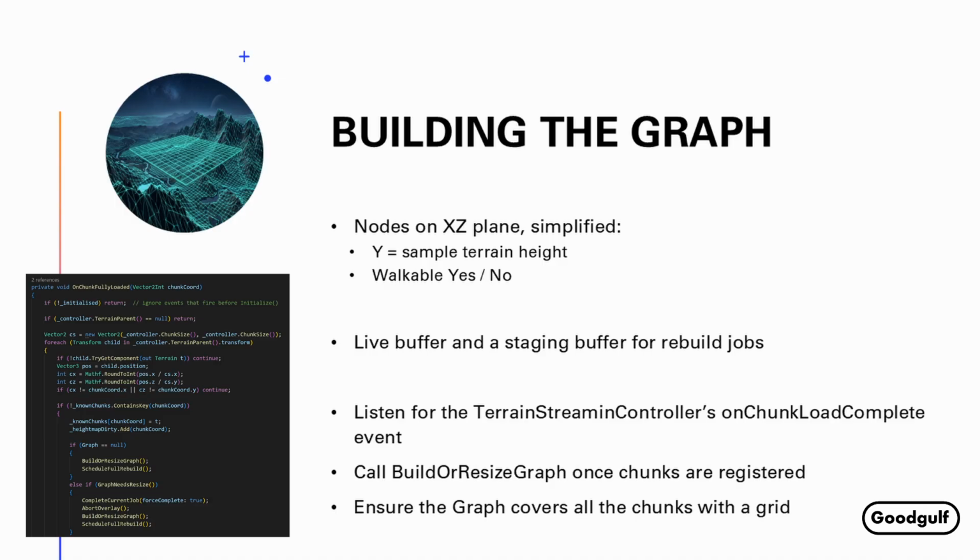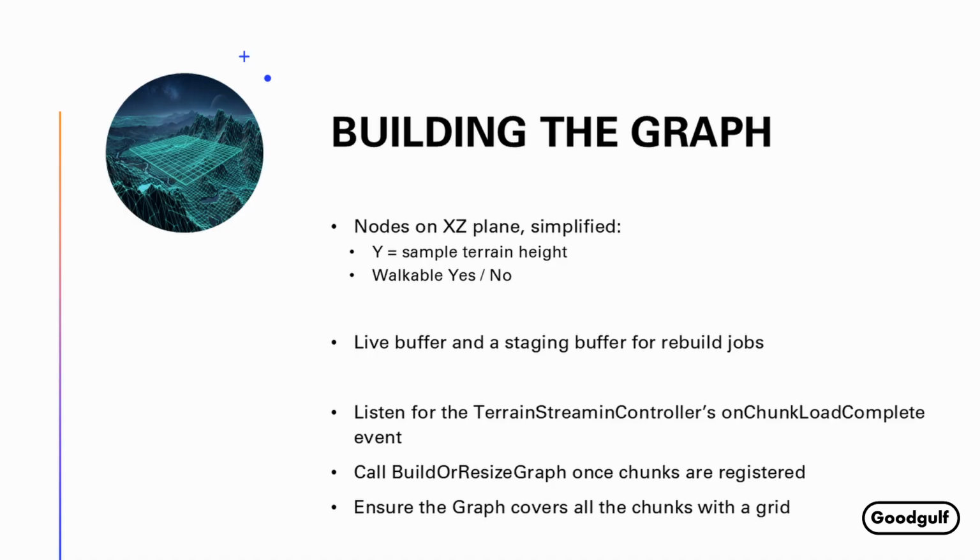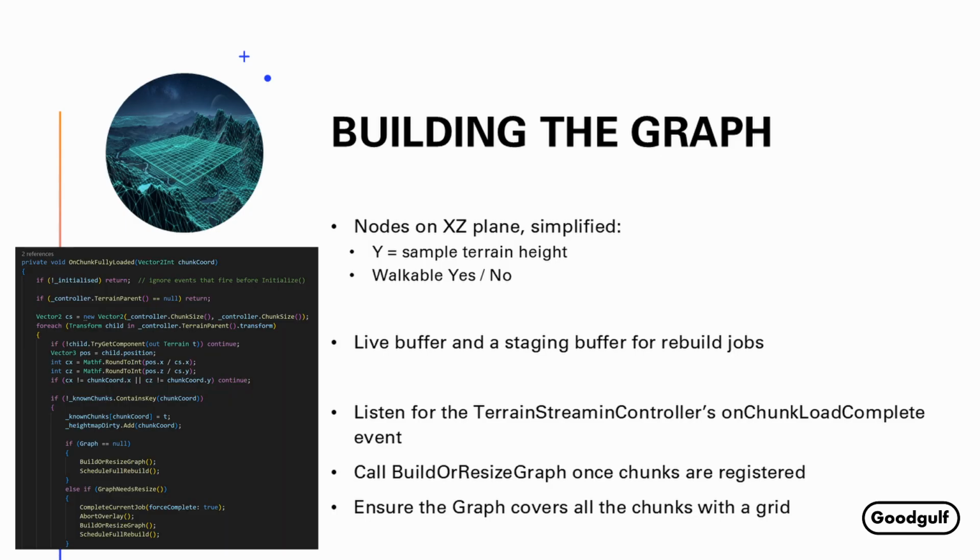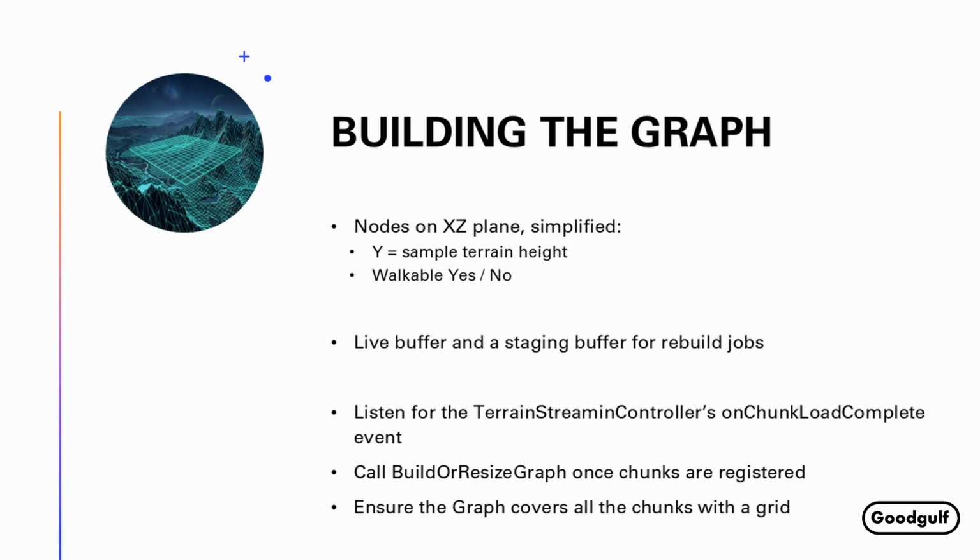Once enough chunks are registered, it calls build or resize graph. This sizes the graph to cover the unload radius around a player in world space, converts those world bounds to node grid units using nodes per meter, and allocates the 2 native arrays. The graph is sized generously upfront, so it rarely needs to grow during normal play.